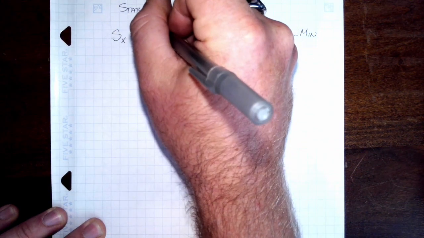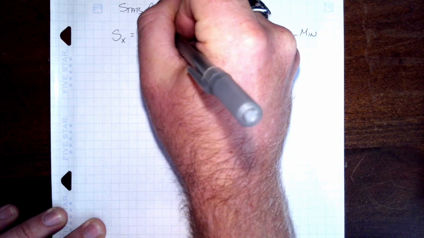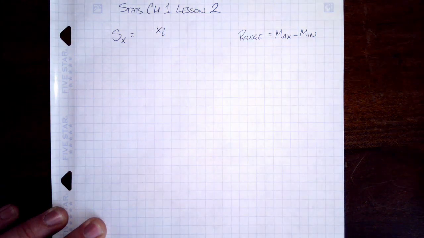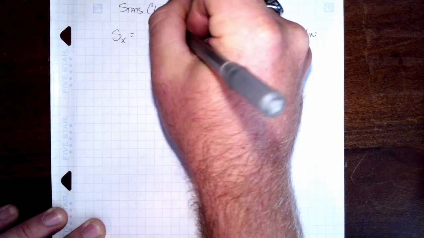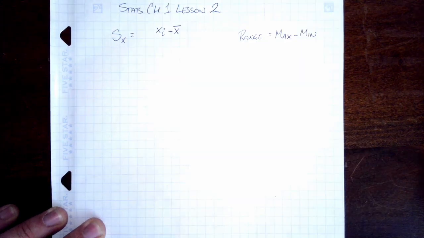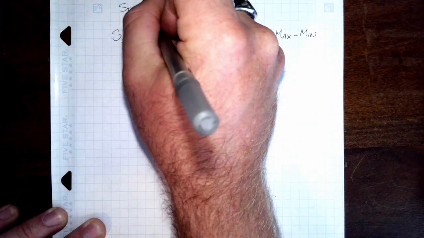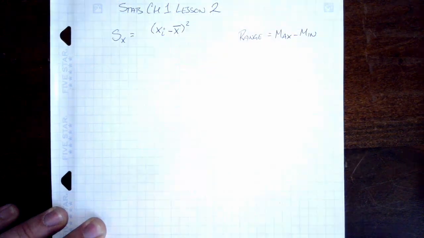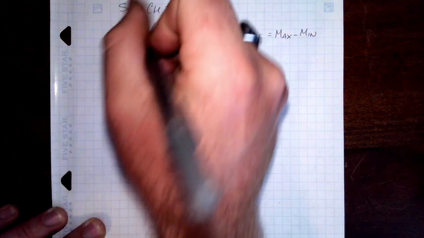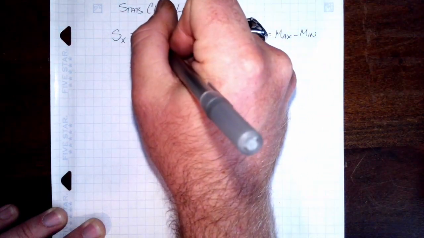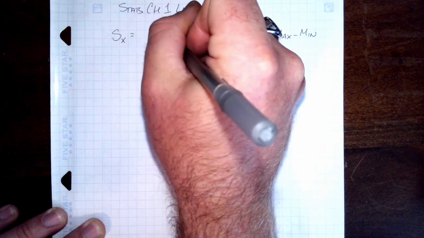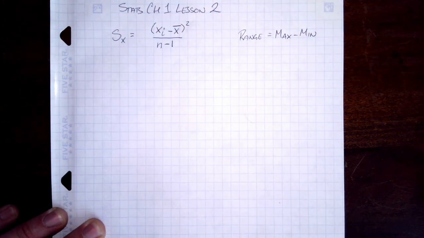First, we need to take every single individual x value, every data point that we have. We need to subtract the mean. We need to take those results and square them. And then we need to divide by the number of data points we have minus 1.